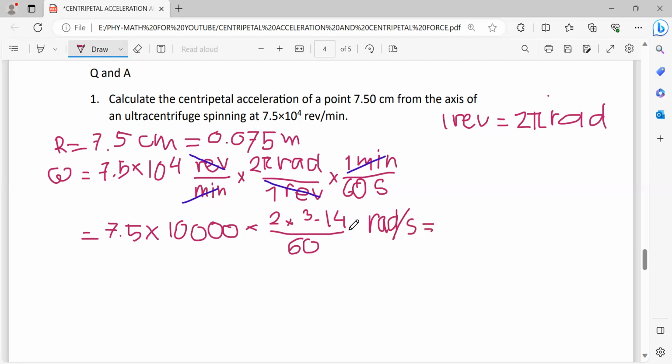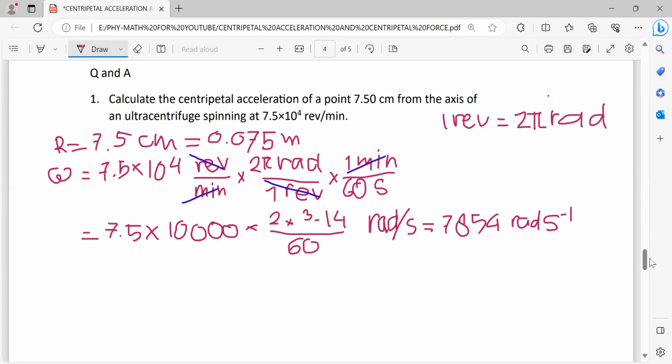If you calculate, it equals 7,854 radians per second. Okay.